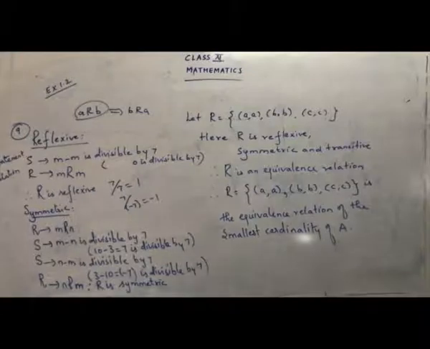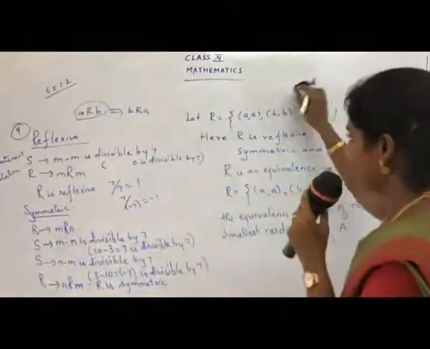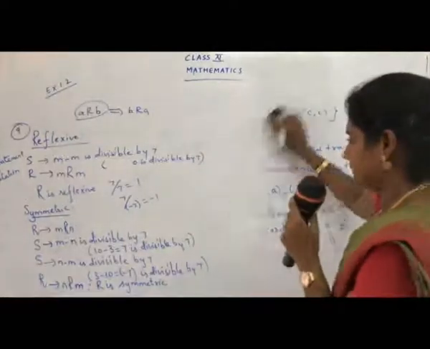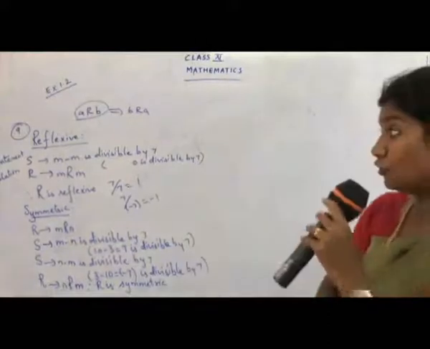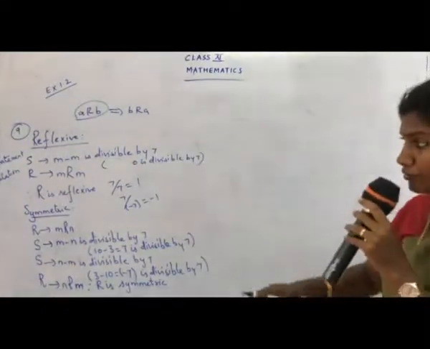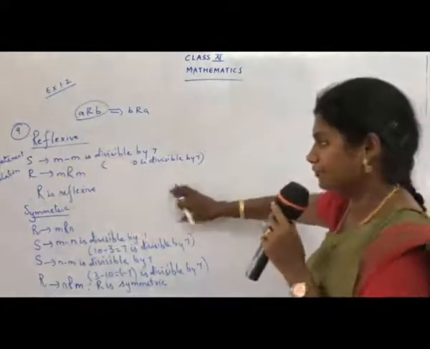Now for transitive we have some other type of conditions to be followed, so we are not just going to follow the format of reflexive and symmetric. We'll use a different method over here. I have told you that this type of question is very, very important, and they always ask one question of this type for 3 marks.